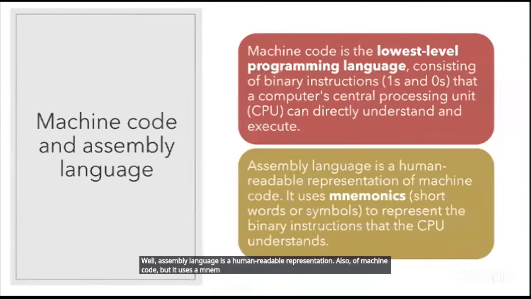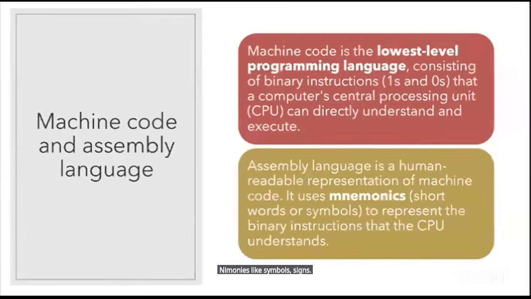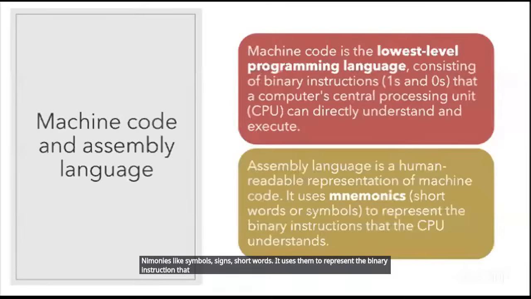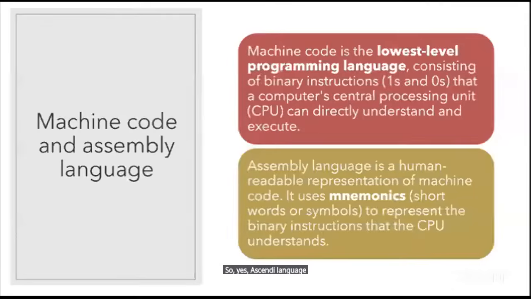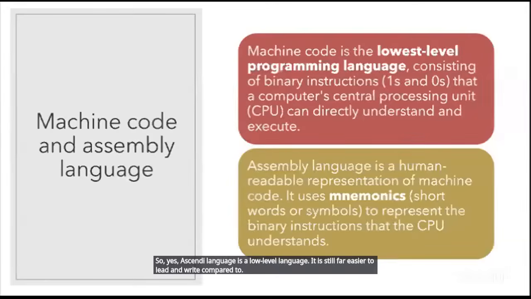I've said this before. Mnemonics like symbols, signs, short words. It uses them to represent the binary instructions that the CPU understands. So yes, assembly language is a low-level language. It is still far easier to read and write compared to zeros and ones, compared to the machine code.